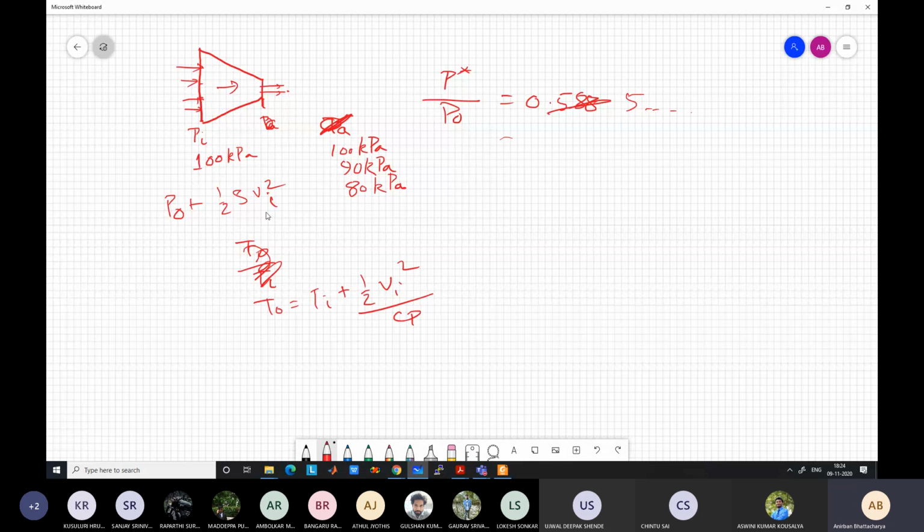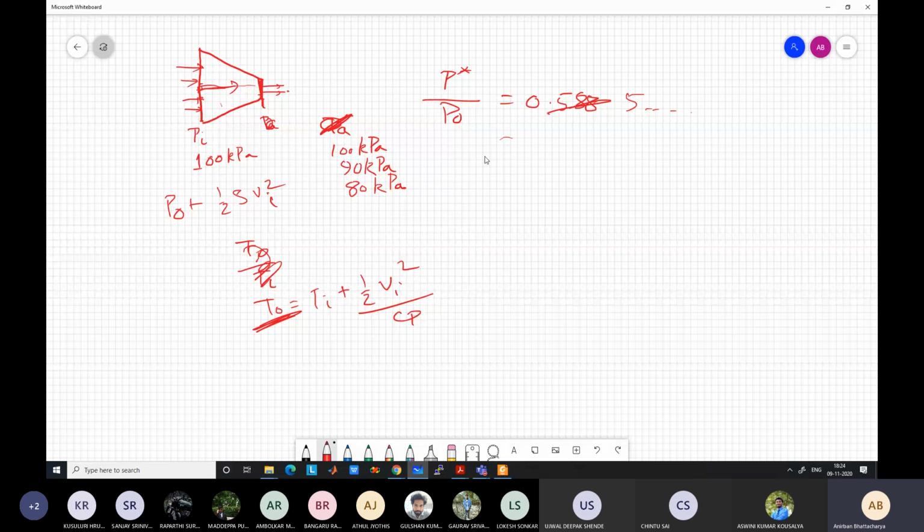So you know the stagnation temperature. If we assume an isentropic nozzle, the stagnation temperature does not change. Even if this nozzle is adiabatic, the stagnation temperature does not change. So the stagnation temperature remains constant even at this point also.